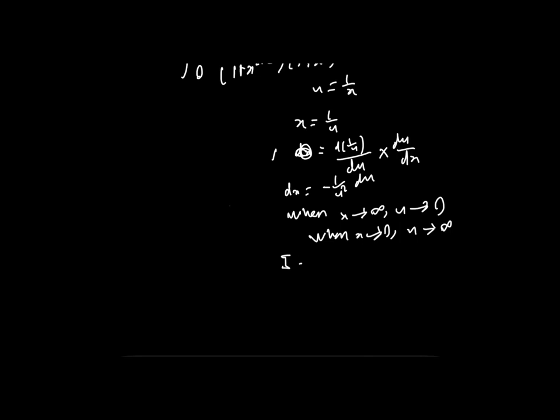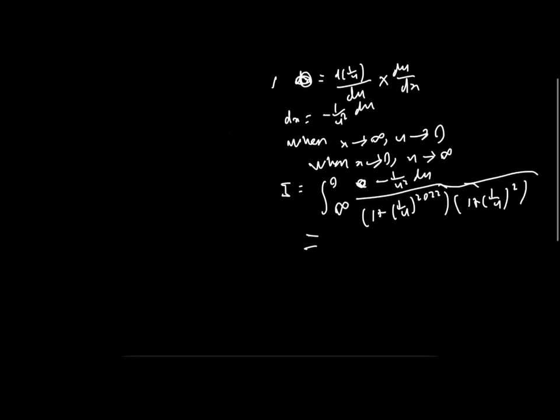So I equals the integral from 0 to infinity, oopsies, of negative 1 on u squared du, times 1 on u to 2022 times 1 plus 1 on u squared.